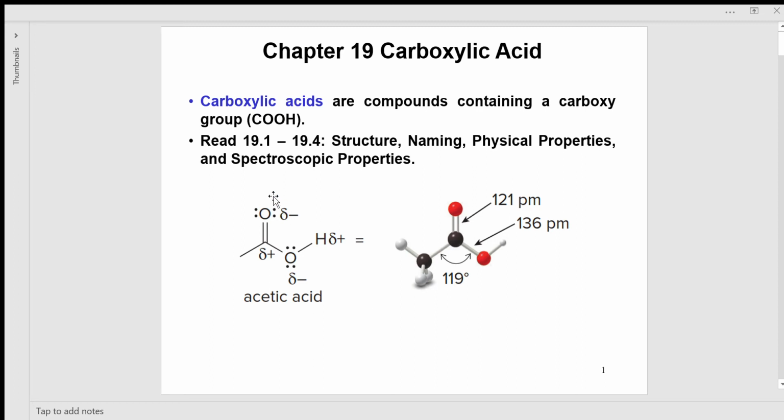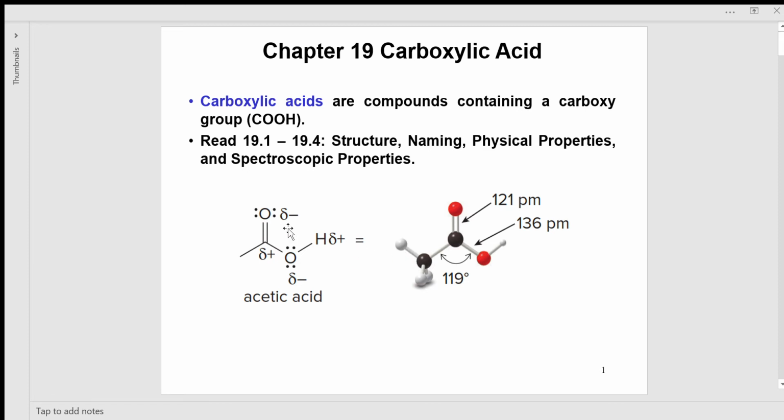We cannot say, oh, this is a ketone, this is a hydroxy group. No. The property of this group is quite different from a hydroxy group, and this group is not a ketone group because the hydroxy group is on the right side, although the left side is a methyl group.